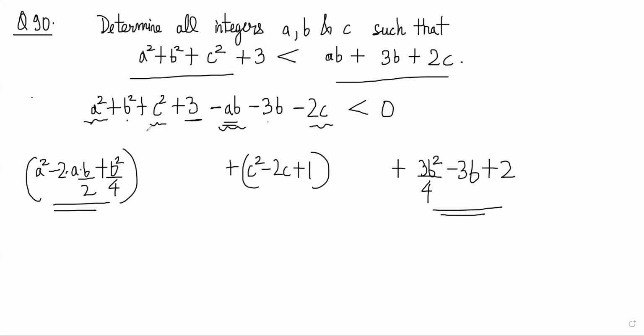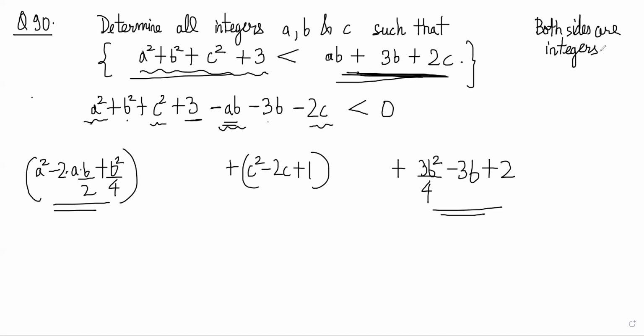So let's think about the initial problem for a moment. We had LHS is less than RHS, and both sides are integers. So then instead of having a plus 3, what I can say is LHS plus 1 will be less than or equal to RHS.